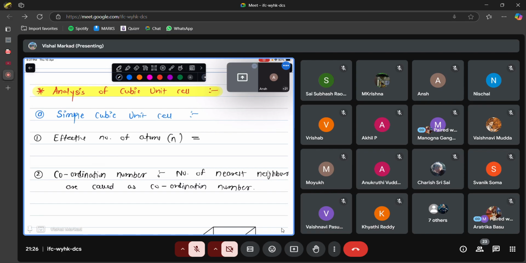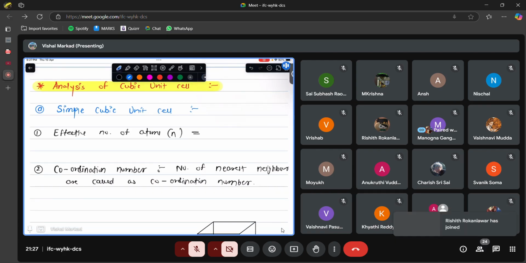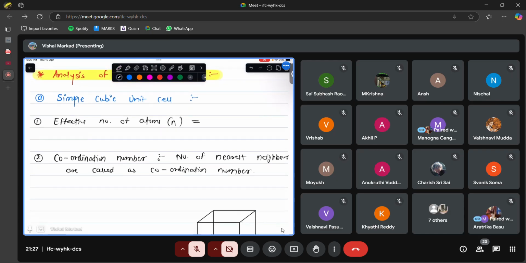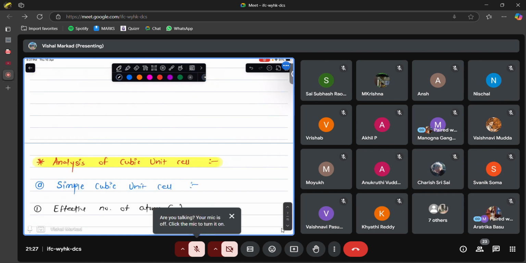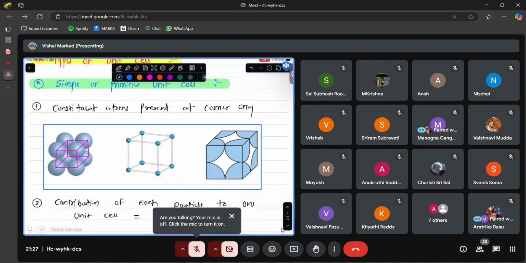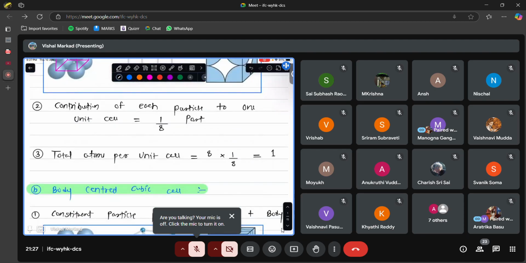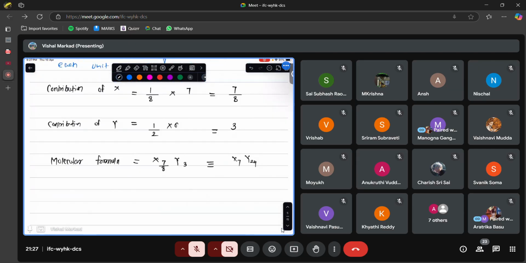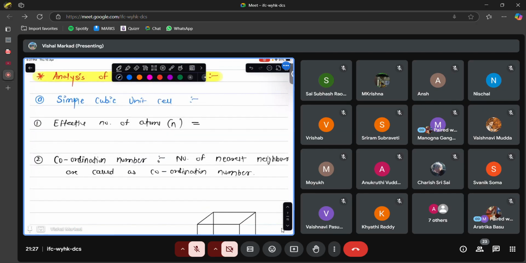What is the effective number of atoms in a simple cubic unit cell? What is the total contribution? It's 1. One only, right? Simple cubic unit cell, total atoms per unit cell: one only. So that is 1.